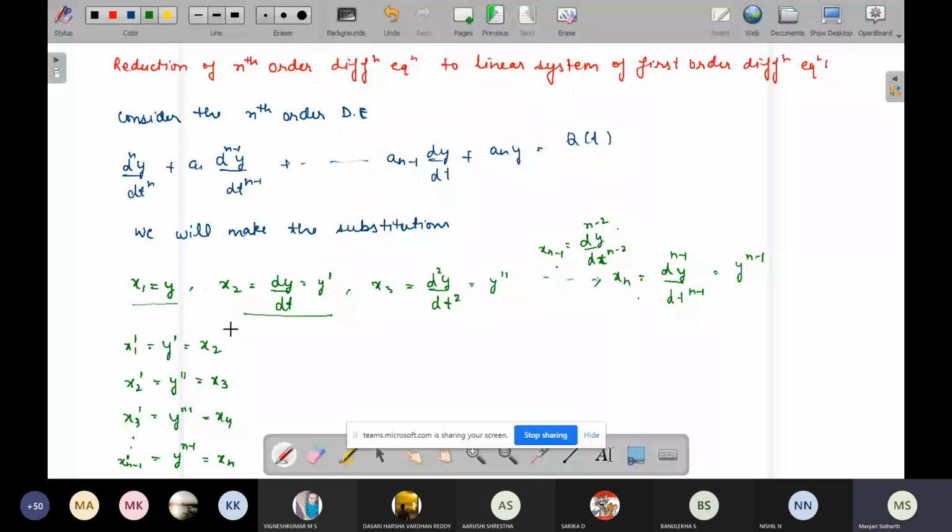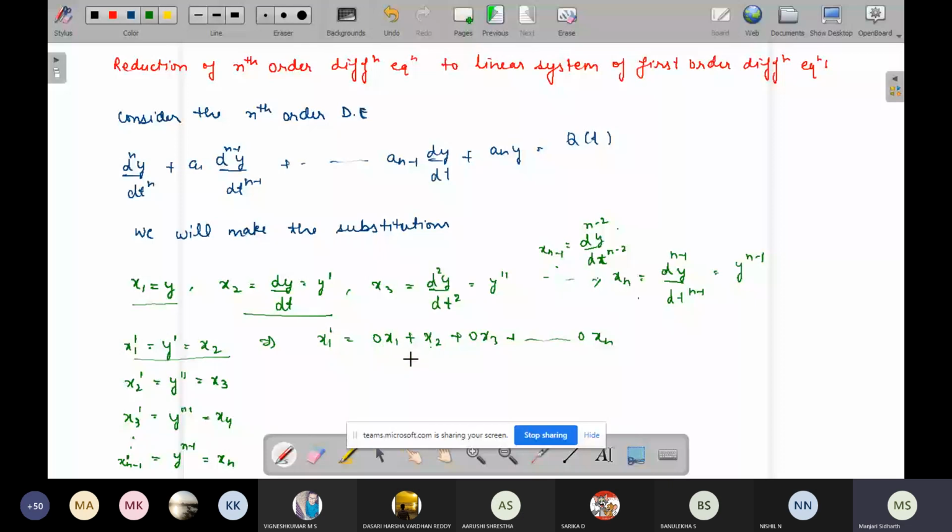Right? Simply now you can see that x1 dash is equal to 0 x1 plus x2. You can write this equation as 0 x1, 1 x2, 0 x3, and so on, 0 xn. You got the first order differential equation with many dependent variables. But the thing is, all the coefficients of the dependent variables are 0 except x2.